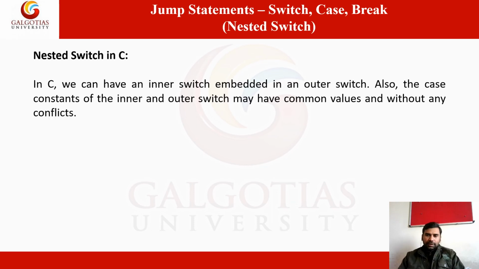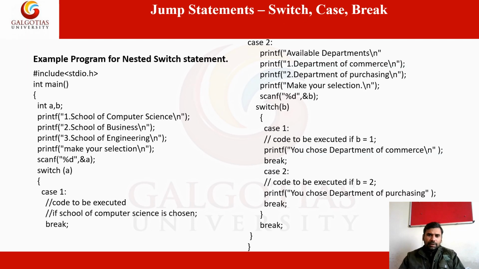The nested switch. A switch embedded within a switch segment is called a nested switch. See the simple example. See two switches, A and B. There are school of computer science, department of commerce, department of purchasing.